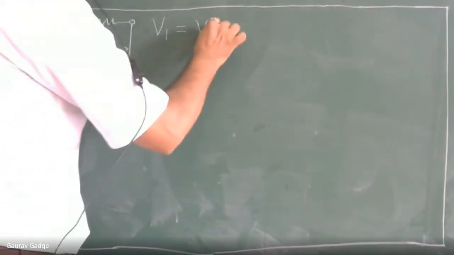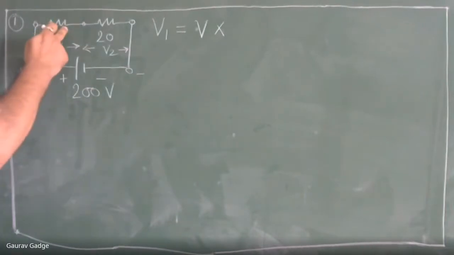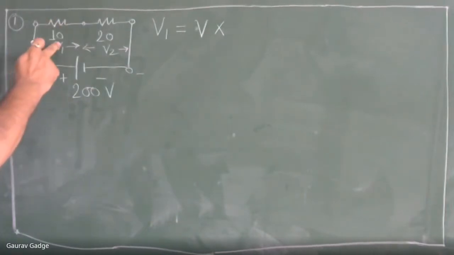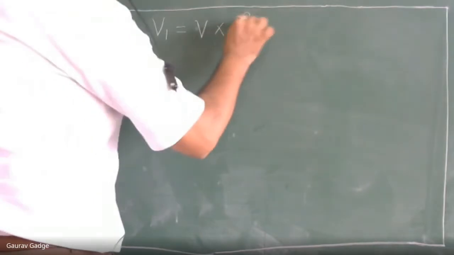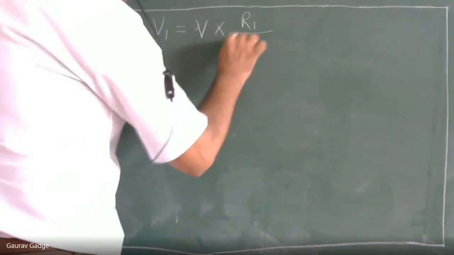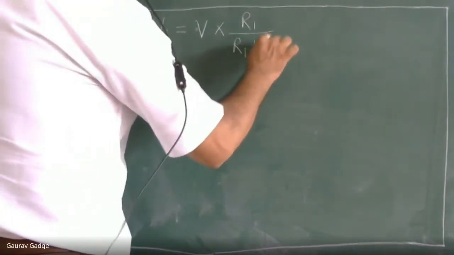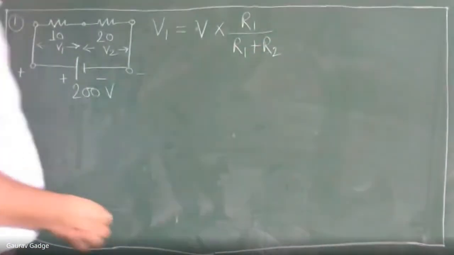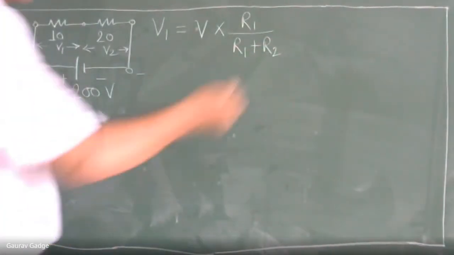And this particular numerical is on series and parallel circuit, that is on voltage and current division rule, where to find V1 and V2 you can use simple formula. V1 is equal to V multiplied by the same branch resistance, as we are finding the voltage across R1, therefore the resistance of same branch divided by the summation of two resistance connected in series.